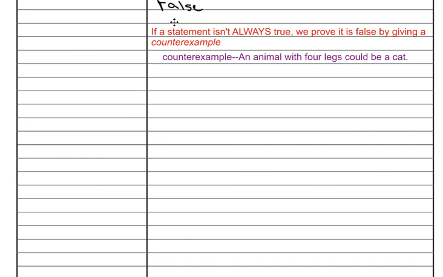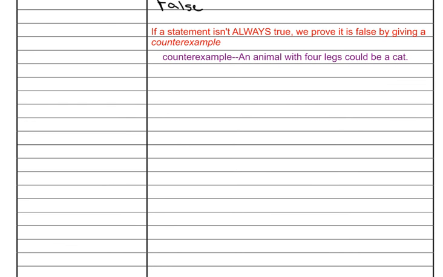Okay, so we want to write down what a counterexample is, and then go ahead and write down your counterexample, or if you can't think of a counterexample on your own, go ahead and write down what I've written. Now I'd like to ask you to give me a conjecture that you can come up with that isn't always true.